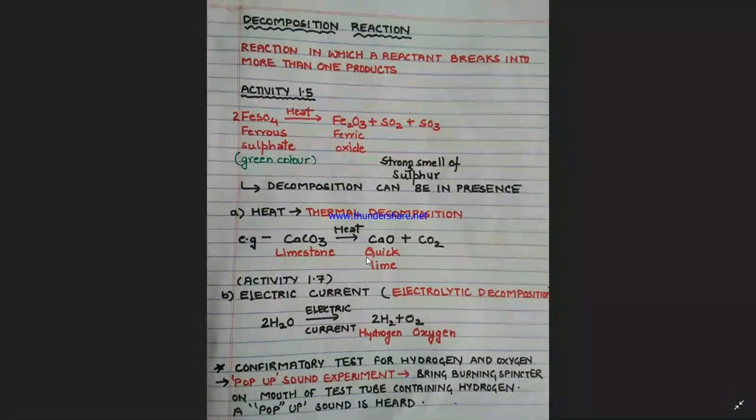So do remember this. Coming to our next activity, activity 1.7, which shows electric current helping in the decomposition of a substance. That is electrolytic decomposition, or decomposition taking place in presence of electric current.